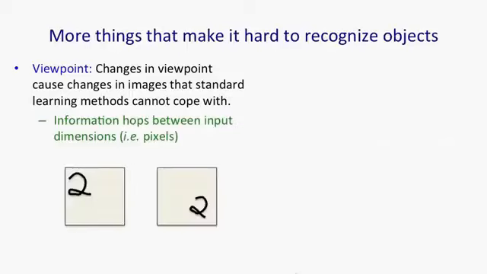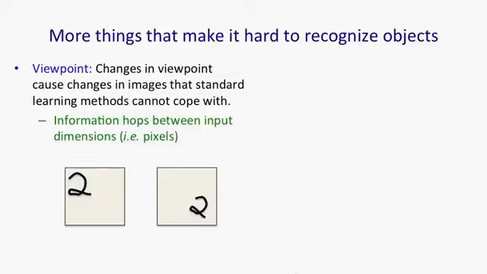The problem is that information hops about between the input dimensions. So typically in vision the input dimensions correspond to pixels. And if an object moves in the world and you don't move your eyes to follow it, the information about the object will occur on different pixels. That's not the kind of thing we normally have to deal with in machine learning.